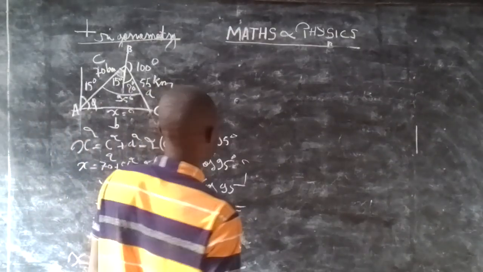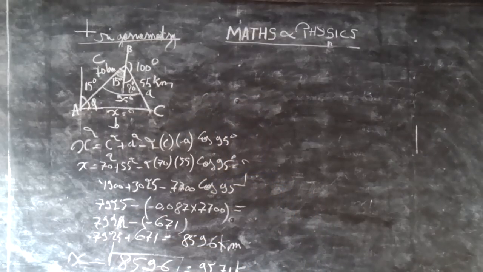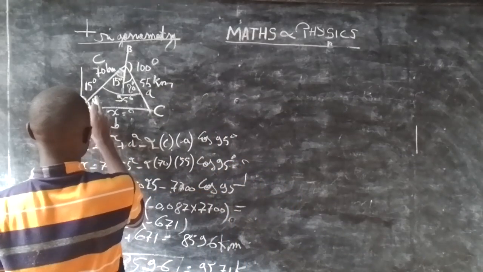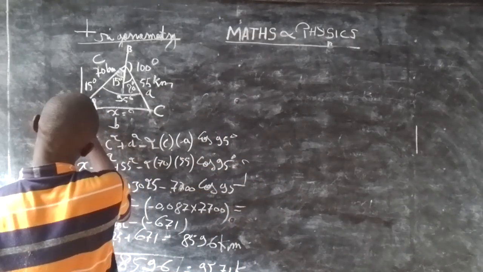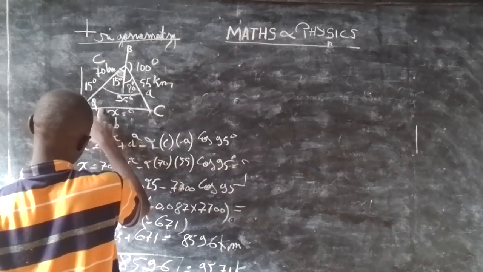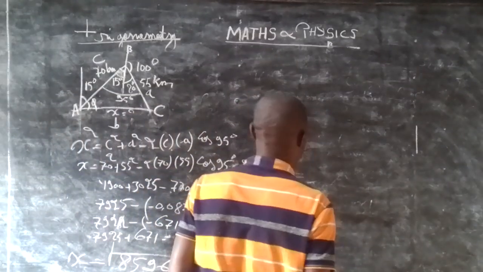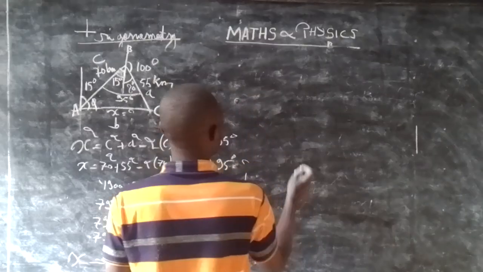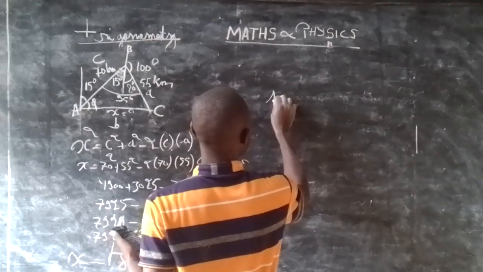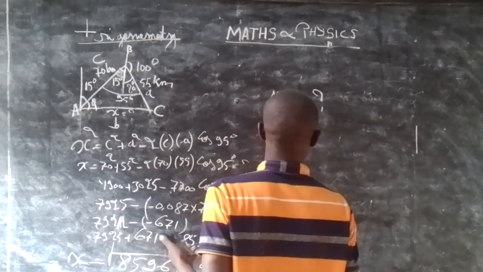So for the second point, I think we have all the data needed. Here we are asked to determine this bearing angle from 15 to this angle phi.